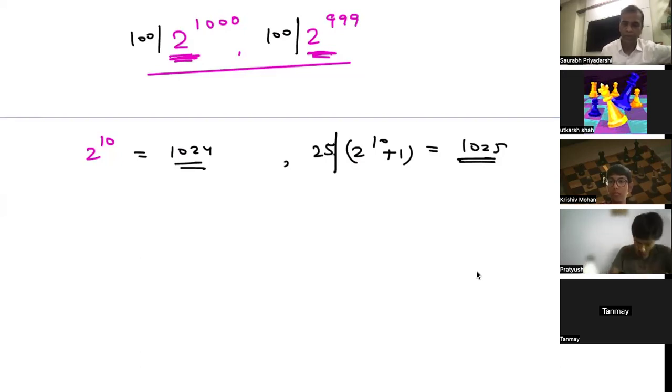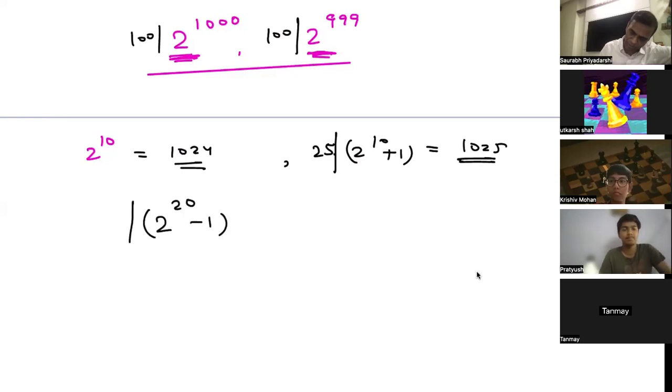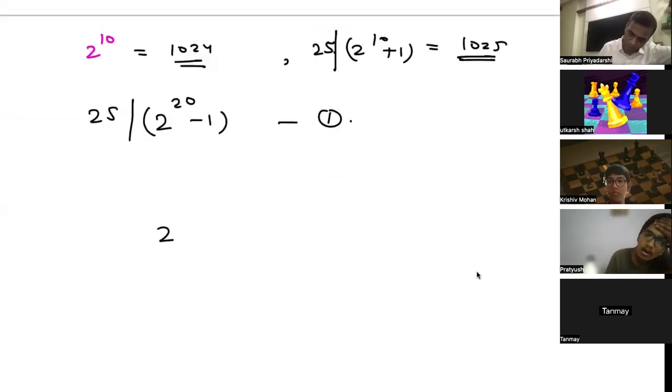So 2 to the power 20 minus 1 will be divided by 25. So 2 to the power 1000 minus 1 is again divisible by 25.